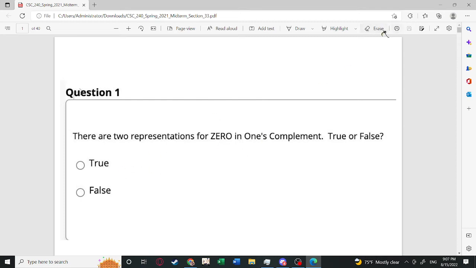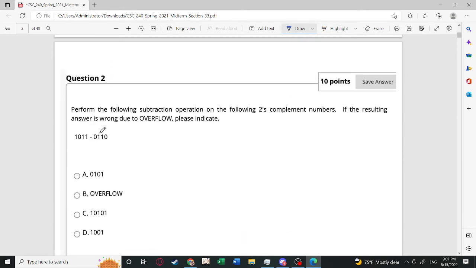Two representation zero, that is true. We draw a line. Which one's comment? This one's overflow. But if you want me to go over this again, you can ask.